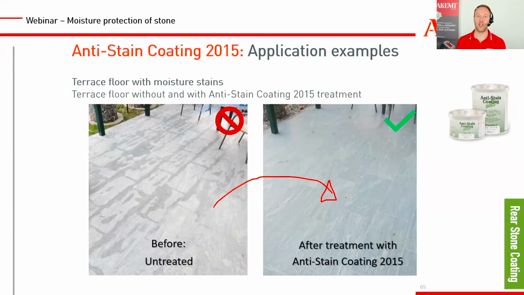We did not change anything on the backside, on the substructure, or on the roof. We left everything the same. We just removed the stone, put the anti-stain coating there, installed the fresh stone, and then no stainings. I think 7-8 years back, nothing changed. And this was the picture before.